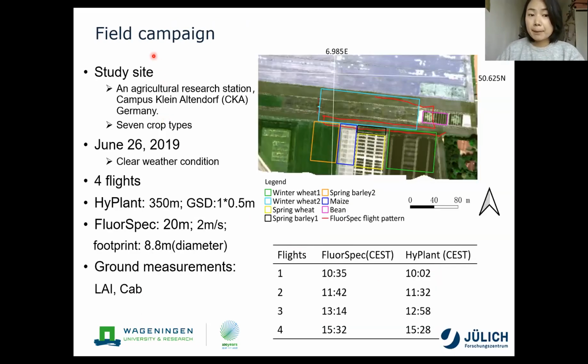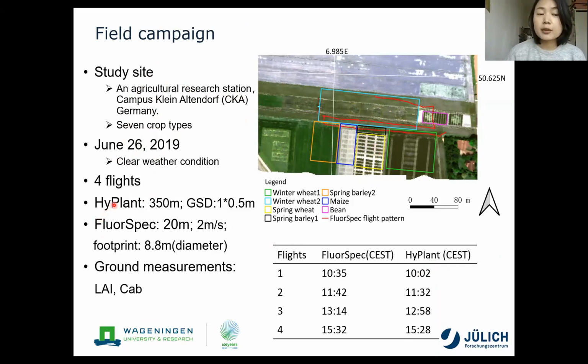The field campaign was carried out over an agricultural research station in Germany in very clear weather conditions. At that time, 7 crop types were growing in this field.